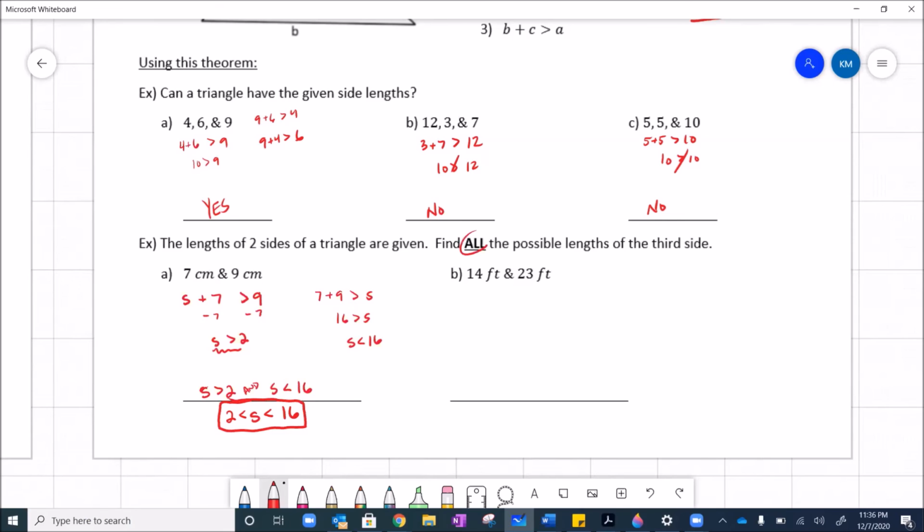And this is how we find all possible side lengths, in inequality form. We don't say 3, 4, 5, 6, 7, 8, 9, 10, 11, 12, 13, 14, 15, right? Because we're then excluding all the decimal and fractional answers. So when we write it as a compound inequality, we include all the possible side lengths, and that's what this means. Okay? All right, this next one, try it out.